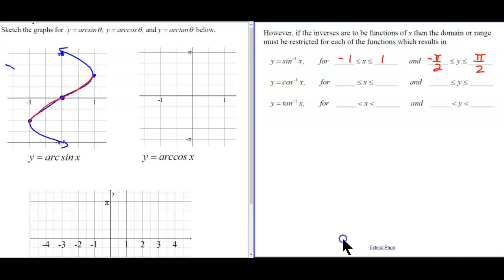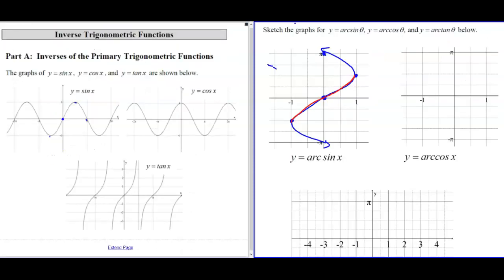Okay, so now let's go back and do cosine. Cosine here, (0, 1) becomes (1, 0). (Pi over 2, 0) becomes (0, pi over 2). So I've done those two. (Pi, negative 1) becomes (negative 1, pi).